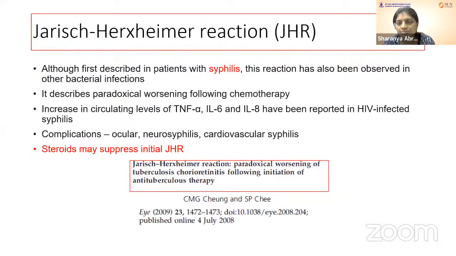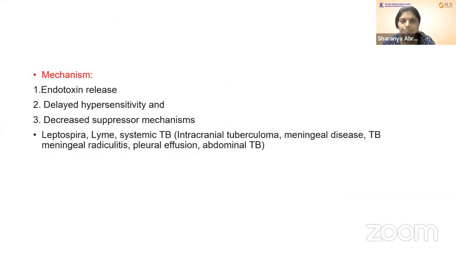A Jarisch-Herxheimer reaction systemically has been described in syphilis very early on, and this is characterized by a worsening following chemotherapy. Here too, circulating cytokine levels are high. Complications include ocular neurosyphilis and cardiovascular syphilis. Steroids are known to suppress an initial JHR, and this kind of a reaction has been seen in the eye in a patient with proven cervical lymphadenopathy.